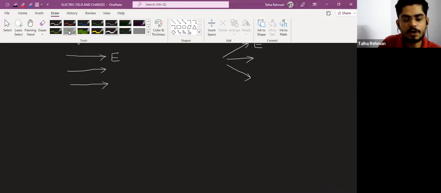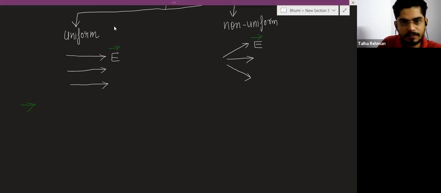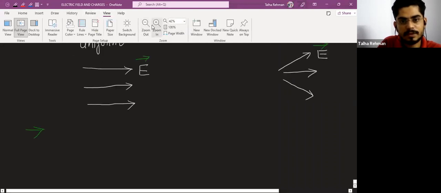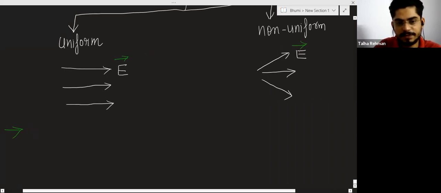In the uniform electric field, you will see, electric field is a vector quantity, we all know. Here you will see the direction as well as the magnitude will remain the same.